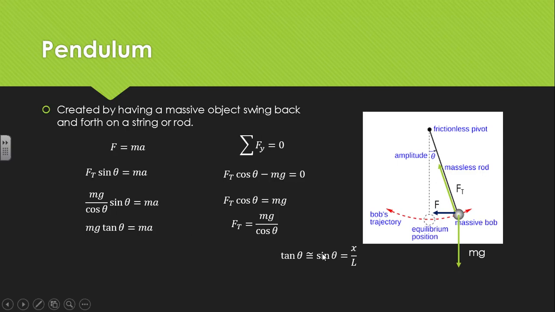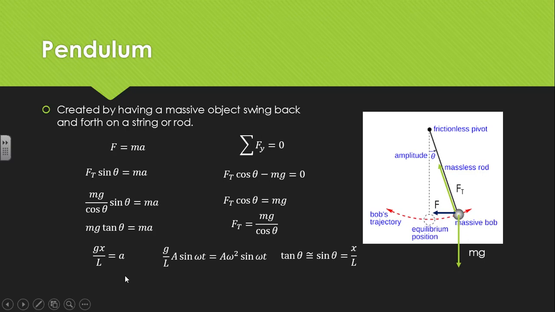And the sine of theta would be x over L, where x is this distance here and L is the length of the pendulum. So you substitute that in here and cancel out the m's. And so really your acceleration is dependent on the length of the pendulum and this distance x, how far away from the equilibrium position in the horizontal direction you went.